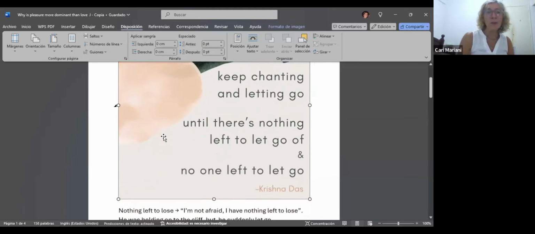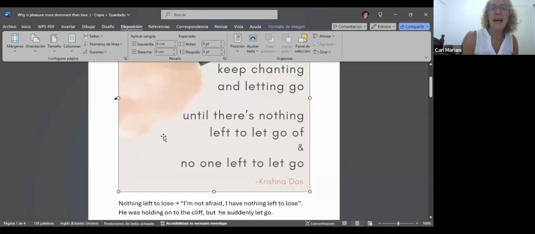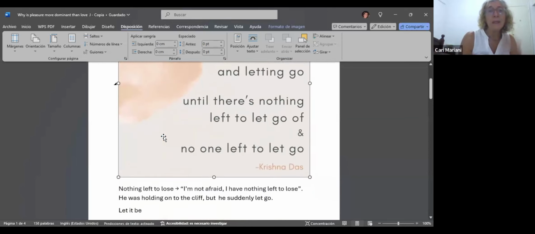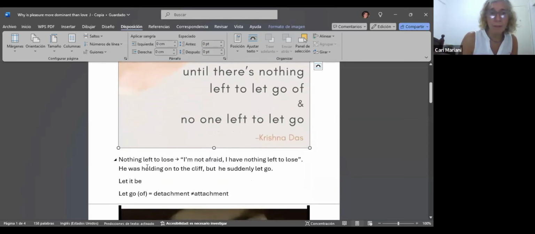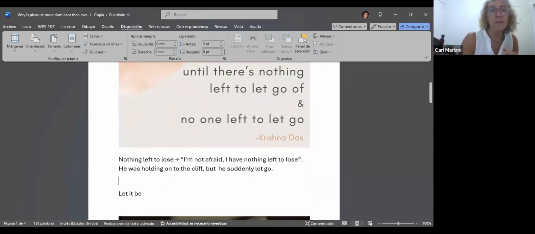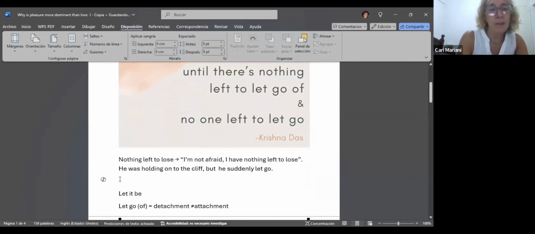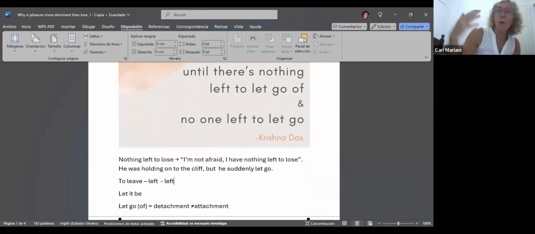And we can also use it as a verb. It comes from the verb to leave. El infinitivo sería to leave, and the past is left, and the participle also left. To leave es irse. To leave a place, so you say when there is nothing left, que ya no queda nada.